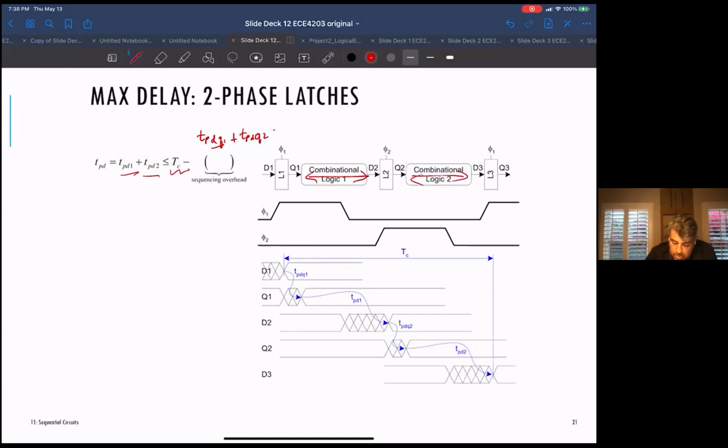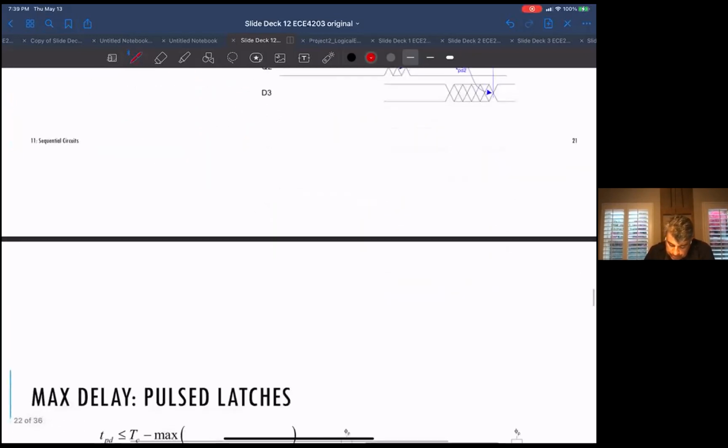Assuming those are equal to 2 times prop delay Q, this is what ends up here. So that's the maximum: this plus this has to be less than this minus these 2 prop delays for the latches.